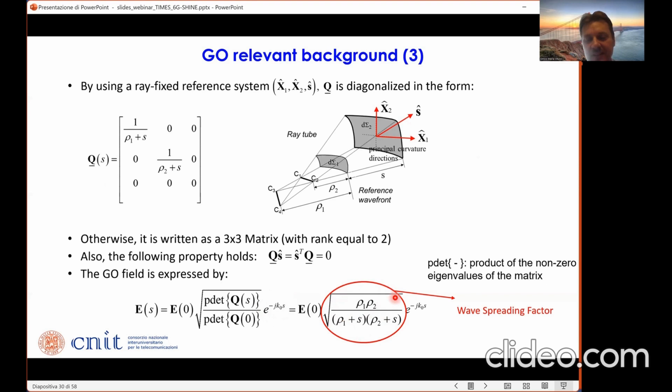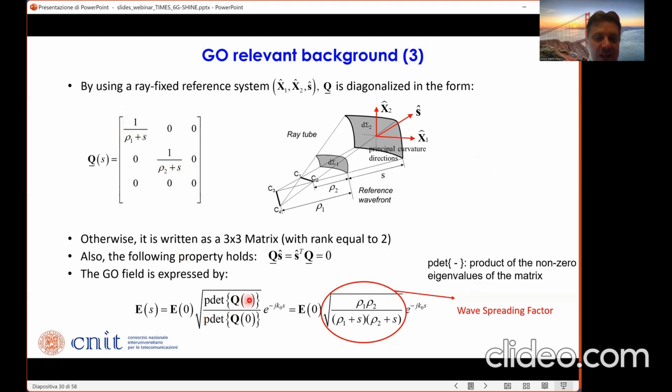And this is the final result of this computation. We get again the spreading factor in the form that it was already presented earlier by Vittorio. Okay, so this pseudo-determinant is simply the product of the non-zero eigenvalues of the matrix, because this matrix is always rank 2, so we have to make the product of this eigenvalue and this eigenvalue.